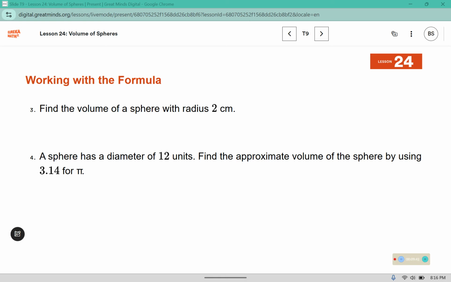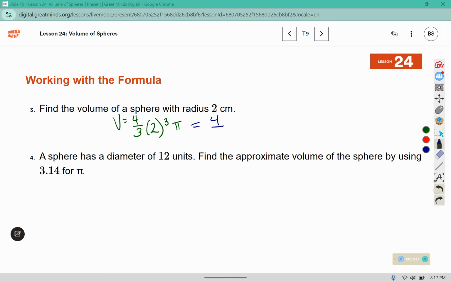Now we are going to use that formula to help us answer the following questions. Number 3 says find the volume of the sphere with radius of 2 centimeters. So 2 cubed is 2 times 2 times 2, which is 8. 2 times 2 is 4. 4 times 2 is 8. 4 times 8 is 32.